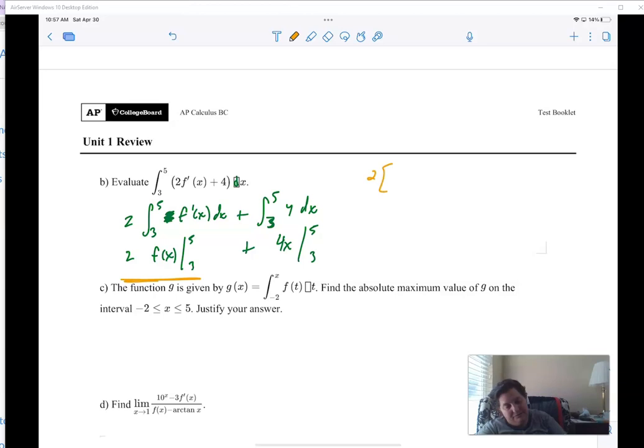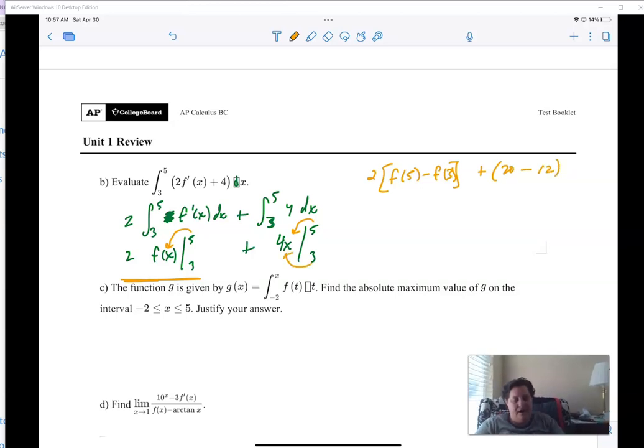It's going to be 2, and then it's going to be basically f of 5 minus f of 3. Okay? So figure that out in just 1 second. On this other side, this is going to be basically 20 minus 12.